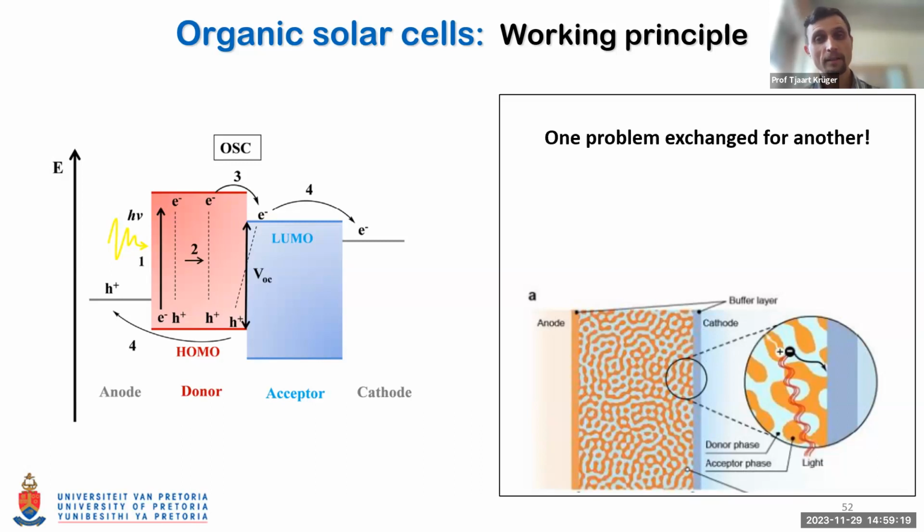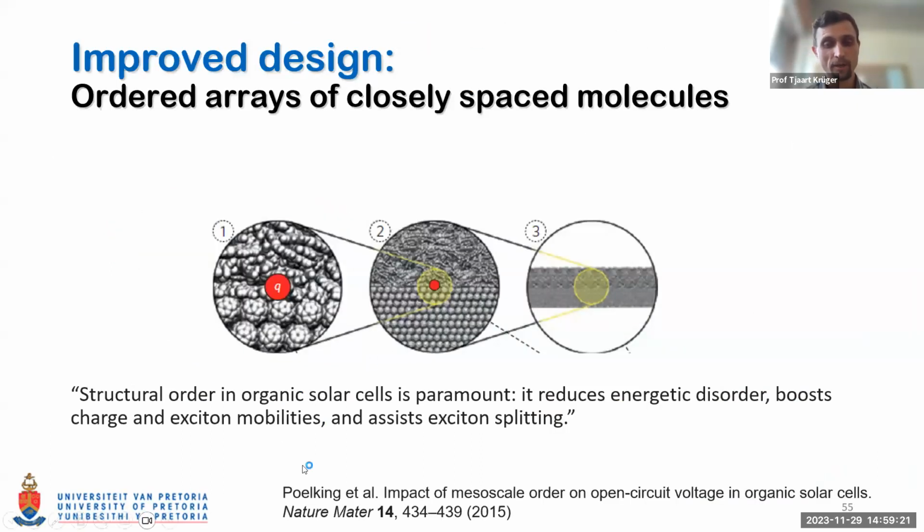Okay, and this idea was applied in a paper that was published a few years ago by using ordered arrays of closely spaced molecules. Okay, so by means of this close spacing, physically big excitons can form, and now these excitonic states are not so susceptible to environmental noise anymore. So this issue of the limited exciton diffusion is not such a great problem anymore.